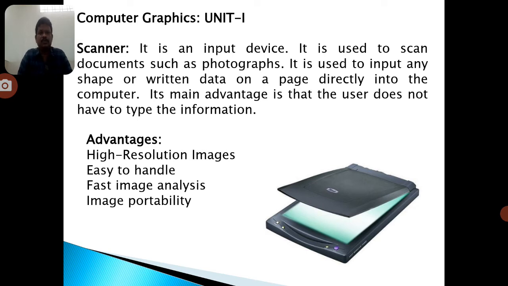It is used to input any shape, written data, or a page directly into the computer. So it does not ask for a proper document; we can put a photograph also, whatever the shape, it can be taken, and the same is displayed onto the screen.